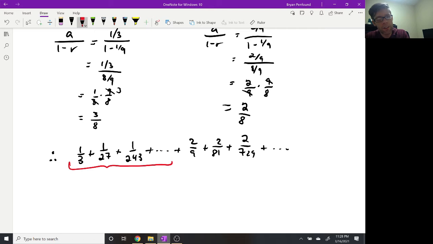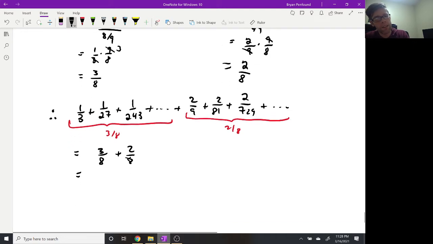So all of this converges to 3/8, and all of this converges to 2/8. So our final sum should be 3/8 plus 2/8, which is 5/8.